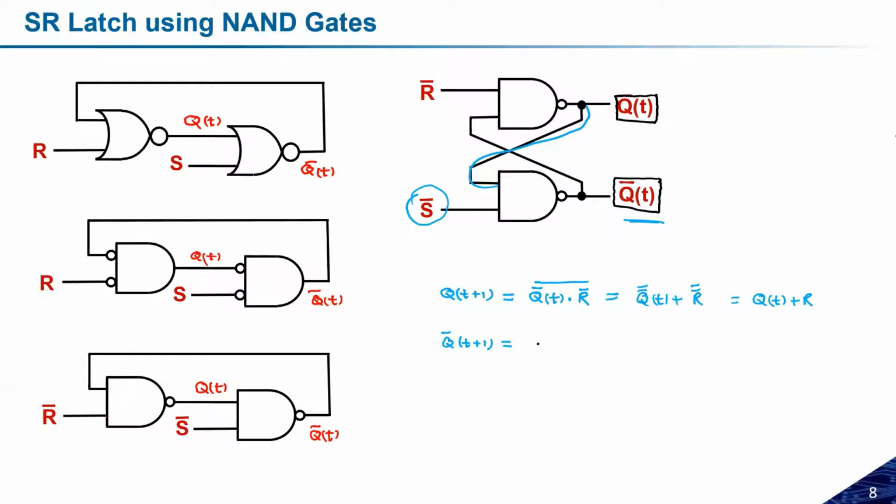So we can write this as QT plus QT dot S bar complement. This is the function for QT plus 1 which we should know. This is all about how the expression looks if we make an SR latch with the help of NAND gates.